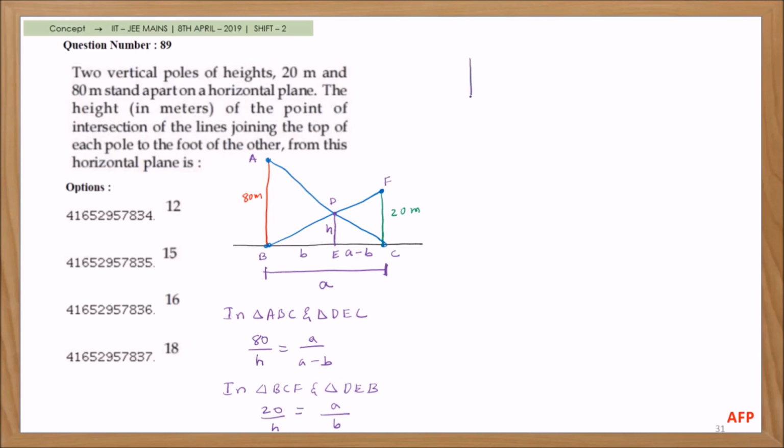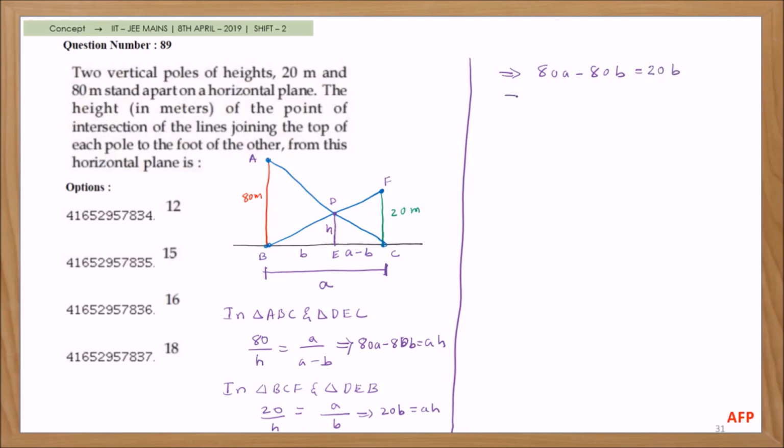So we'll go for the calculation part here. The first one we can write as 80(A minus B) equals AH, and the second as 20B equals AH. So this implies 80(A minus B) equals 20B.